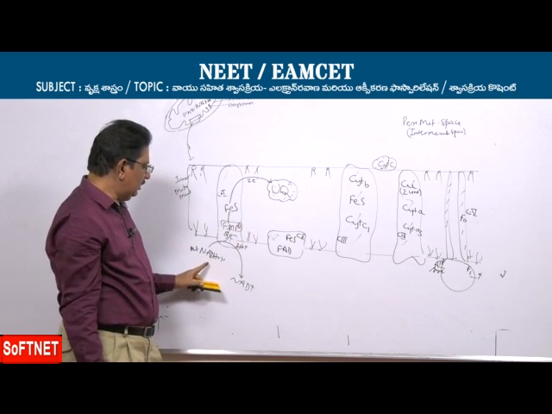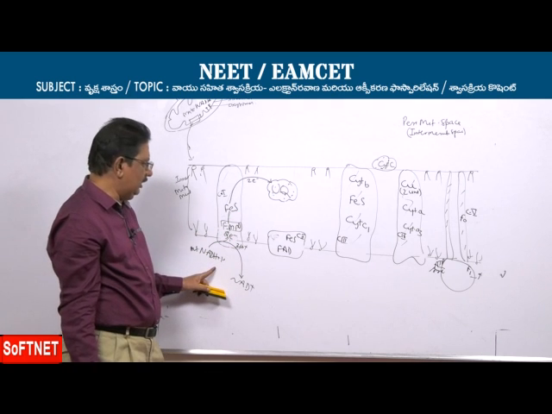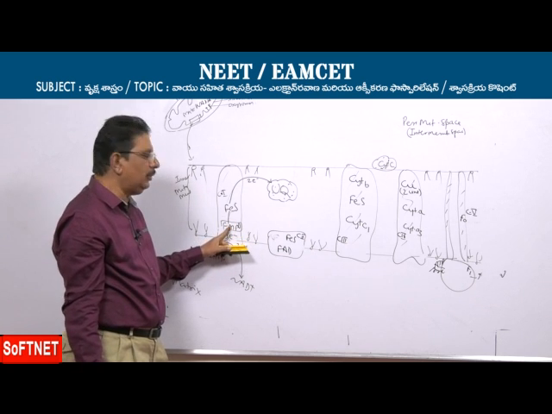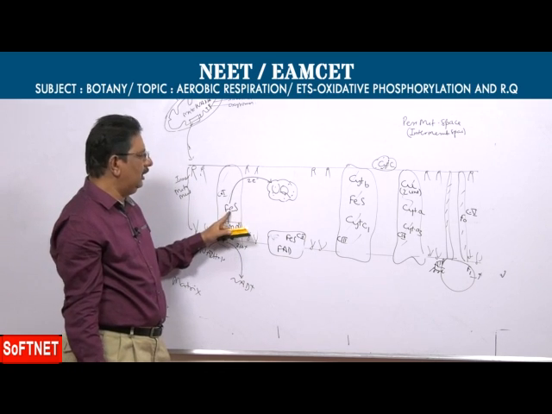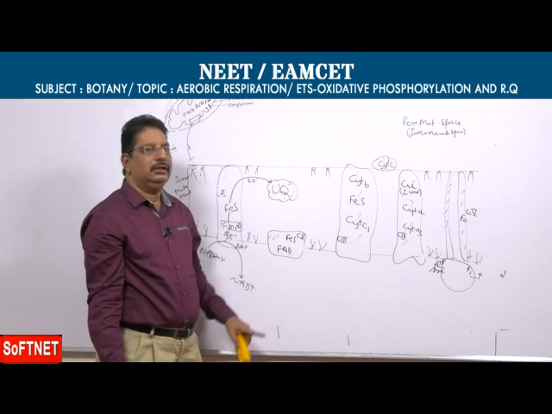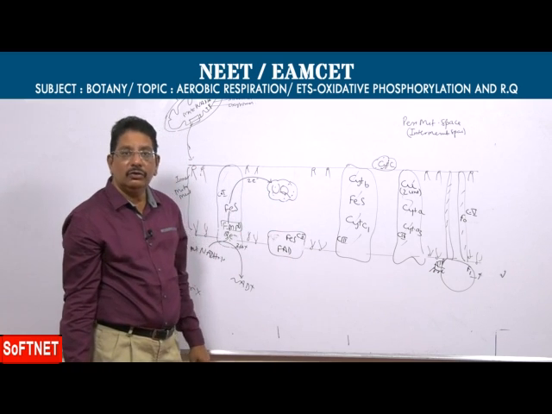So, during the oxidation of mitochondrial NADH, the electrons are transferred first to the FMN part of complex 1, then the iron sulfur center of complex 1, and finally transferred to ubiquinone.